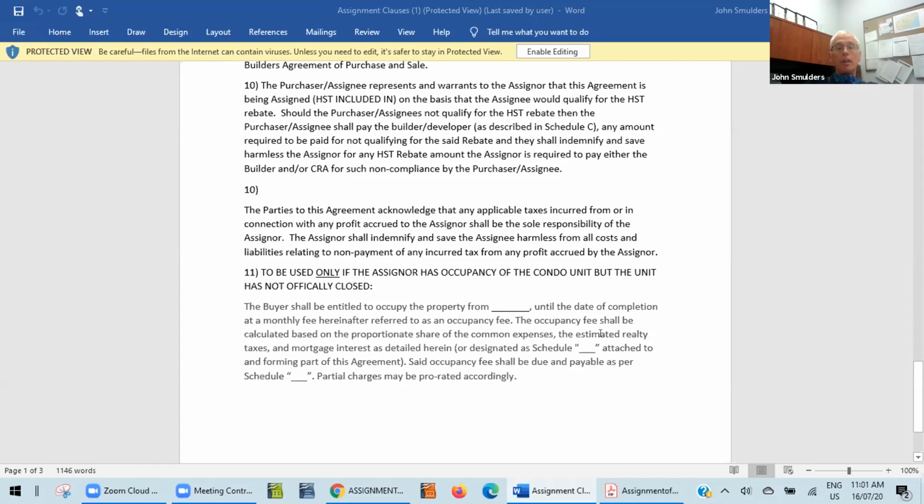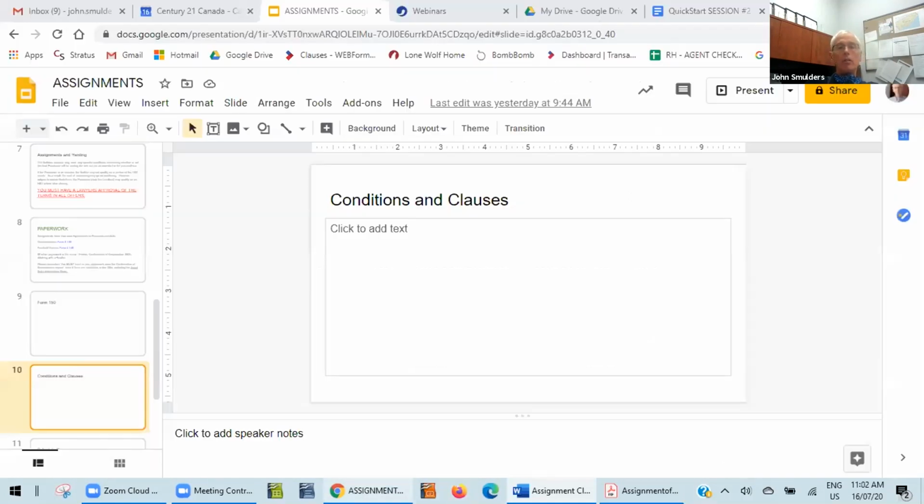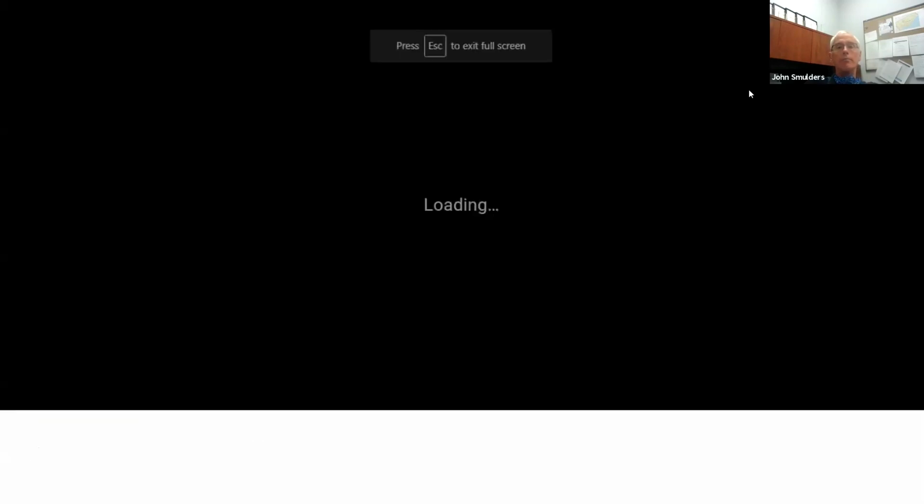The occupancy fee and all this stuff is due and payable, and the buyer can occupy the property, but they have to pay a fee to the builder to occupy that property until the completion date, okay? And those are all clauses that are available to you to use at any time. I certainly recommend that you include most of those clauses in there.